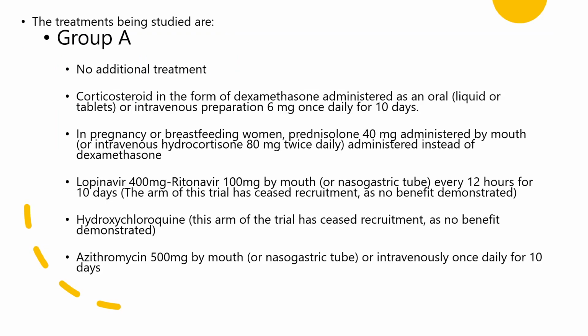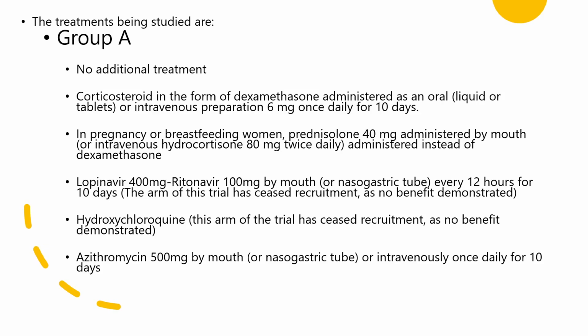The treatment groups being studied are categorized into groups A, B, and C. Group A consists of no additional treatment, or a corticosteroid in the form of dexamethasone administered orally. In pregnant or breastfeeding women, prednisolone was used. Lopinavir 400 mg or ritonavir 100 mg by mouth was given every 12 hours.